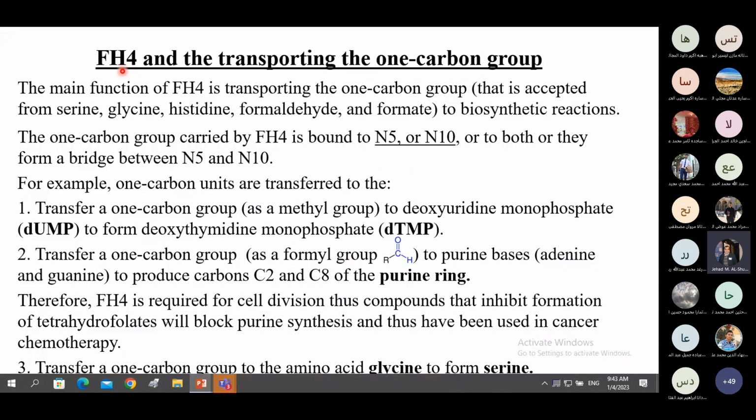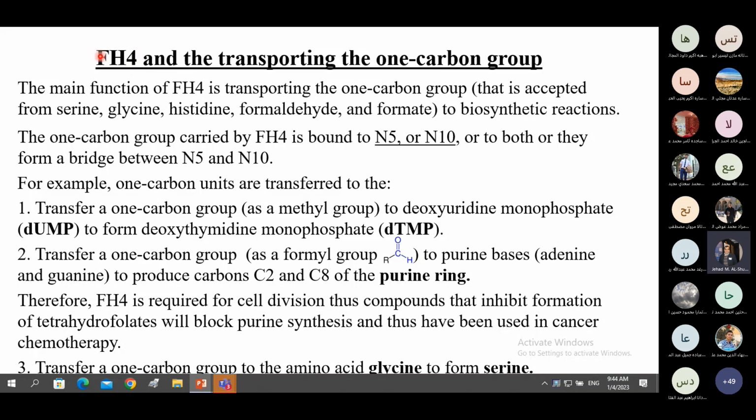As we said about its function, the tetrahydrofolate, the active form of vitamin B9, plays a very important role in the synthesis, repair, and methylation of DNA, in cell division, as a cofactor in many biological reactions, and in the production of healthy red blood cells.